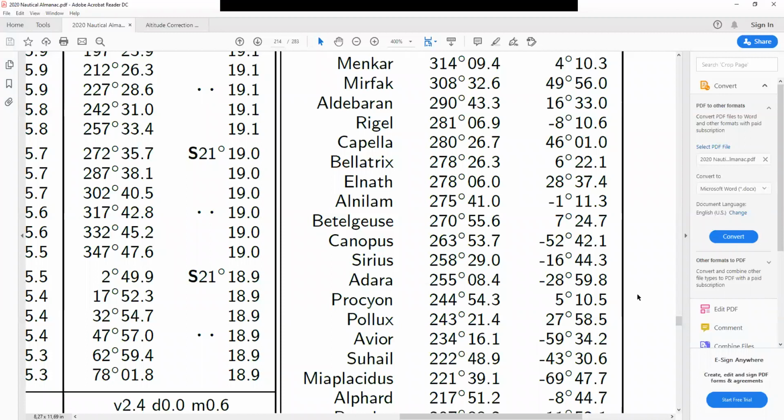Sorry, sir. Isn't the first value, 265, greater than the 263 that we took for Canopus? Yes, it should be greater, because remember, AM nautical twilight was 265, and then AM civil twilight was 257.